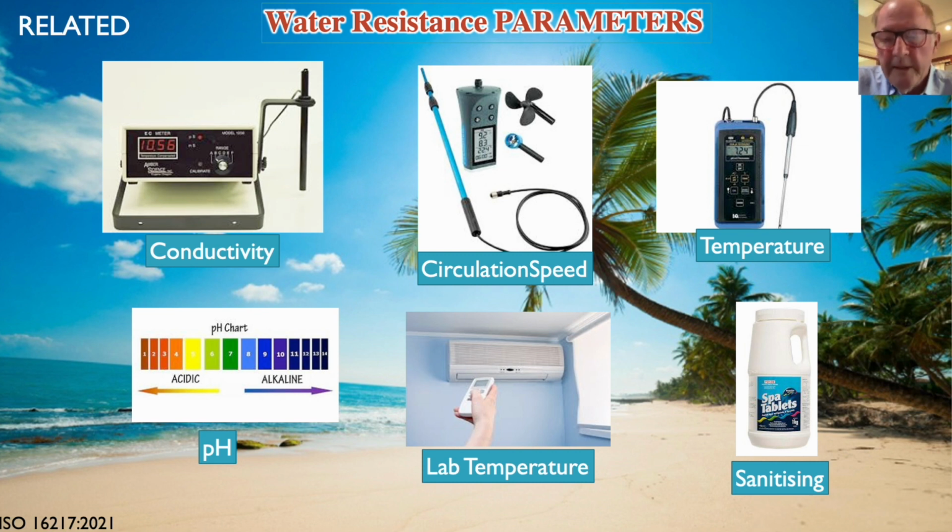Their potable water can vary quite a bit, particularly in the content of heavy metals or minerals, sodium, calcium, potassium, etc. And all of the other obvious areas like the pH of the water, the temperature of the room, the temperature of the water itself, the flow of the water, the speed, and how to sanitize after each test subject.